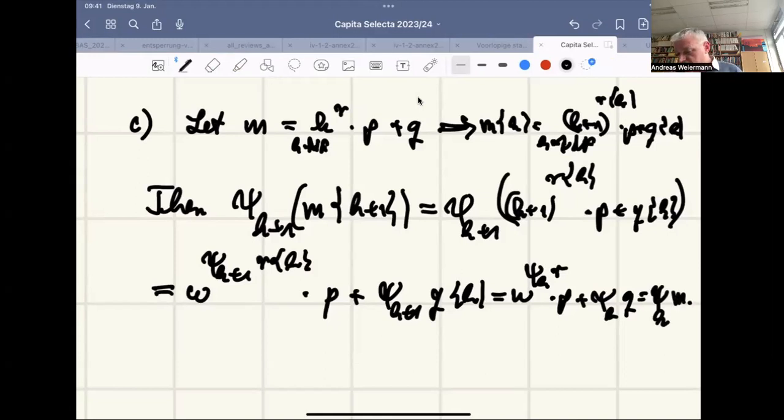So after all, it was simple, but we needed the corresponding preparations, namely that the k plus 1 representation comes from a k representation.